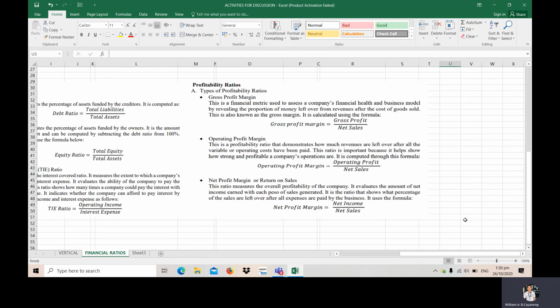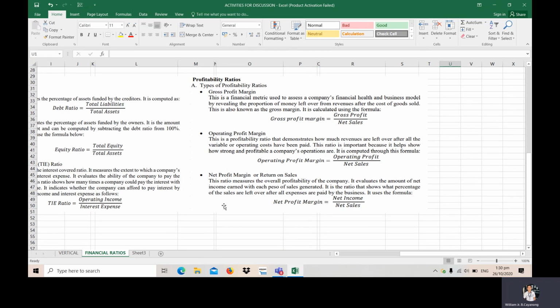The last one is net profit margin or return on sales. This ratio measures the overall profitability of the company, because the earlier one was only operating profit, without fully deducting the expenses. It evaluates the amount of net income earned with each peso of sales generated.